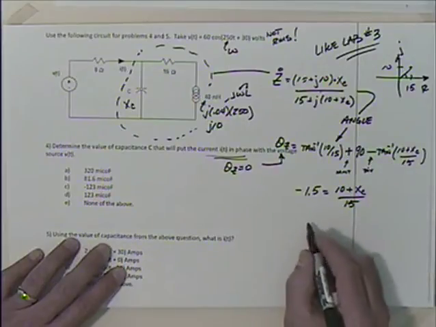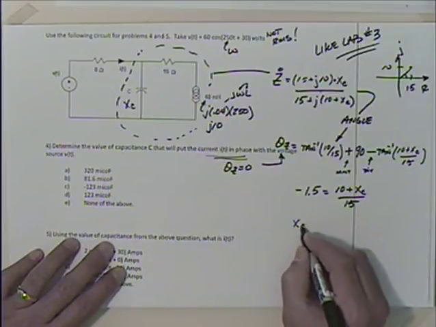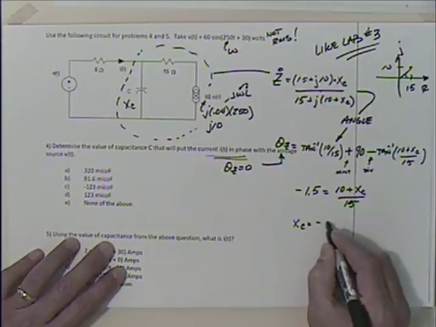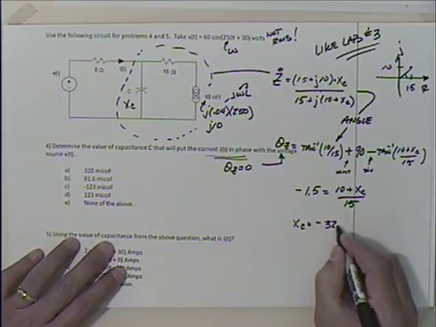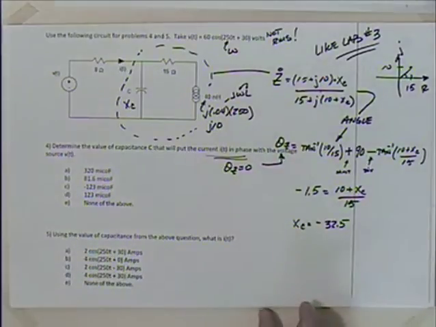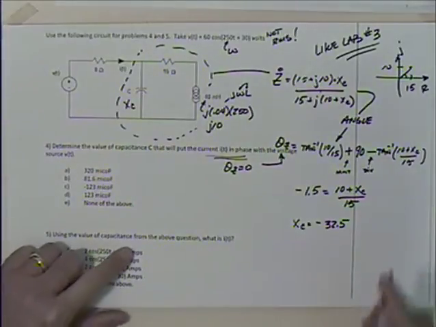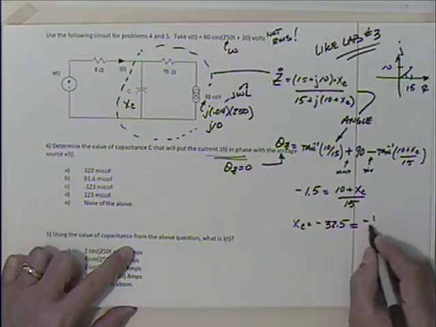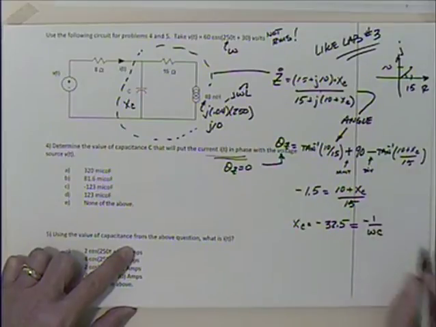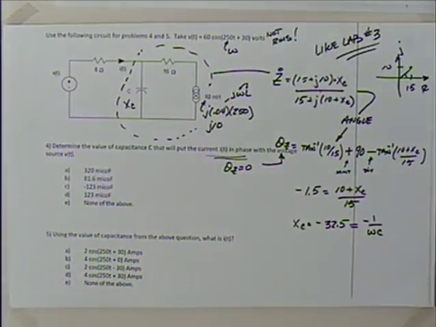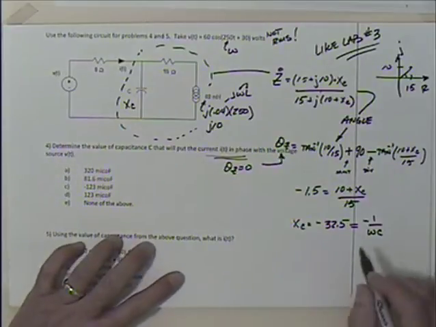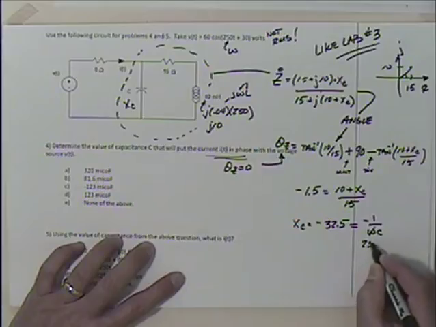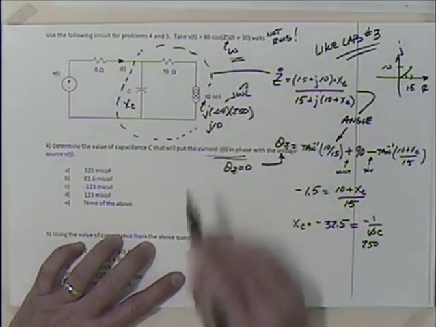So if I solve this for X sub C, it turns out to be equal to minus 32.5. And that's that negative sign that I kept talking about. So there it is. And we know then that X sub C has to be equal to what? Minus 1 over omega C. That comes from minus j over omega C. I don't need the j in there, but I have minus 1 over omega C. Well, when I put this at 250, that's my omega.